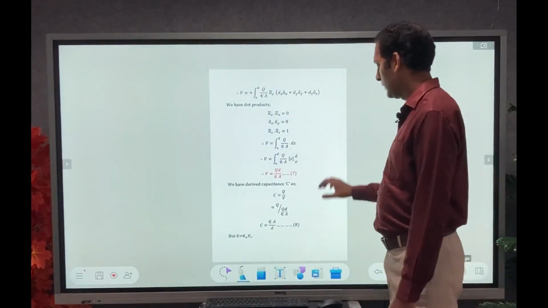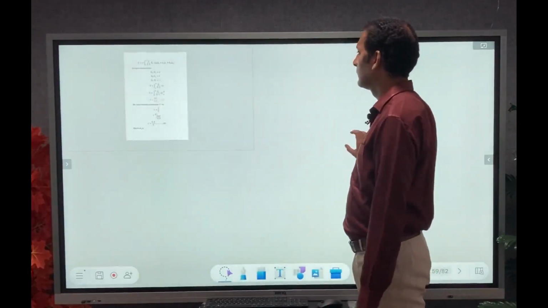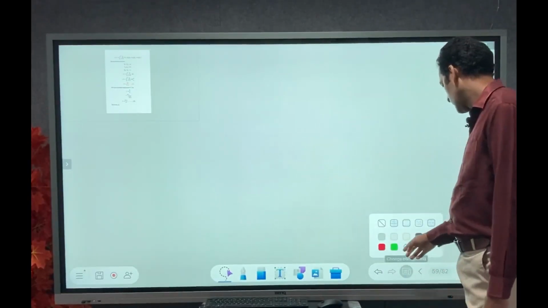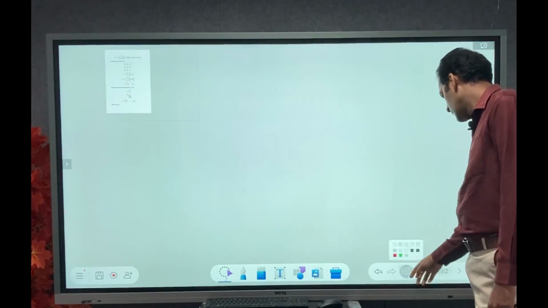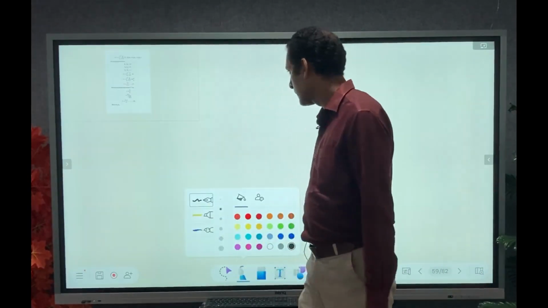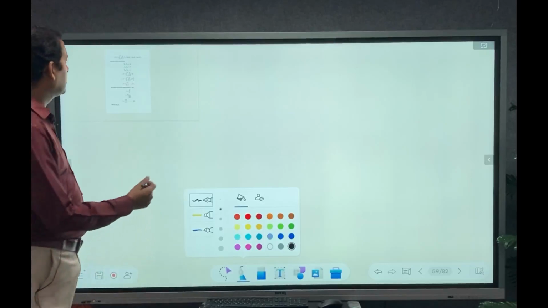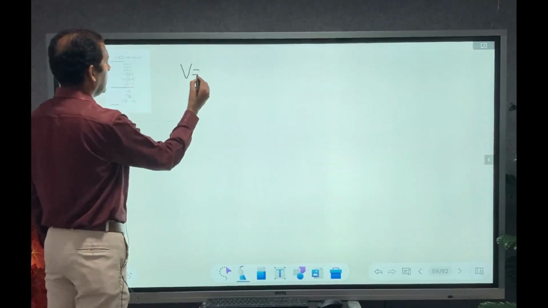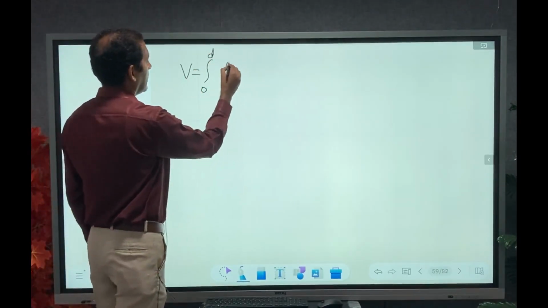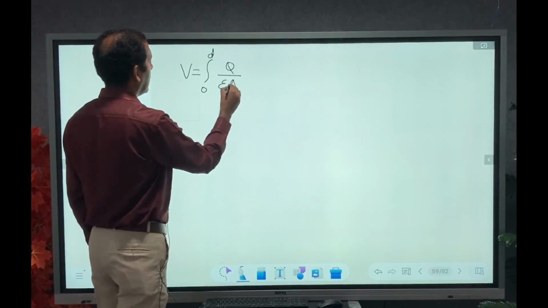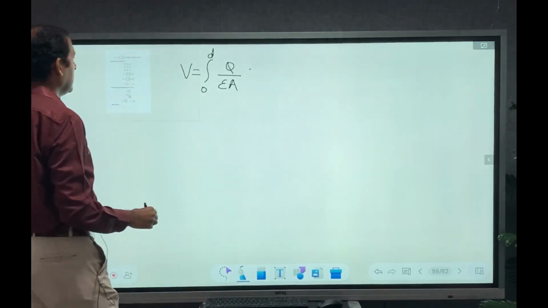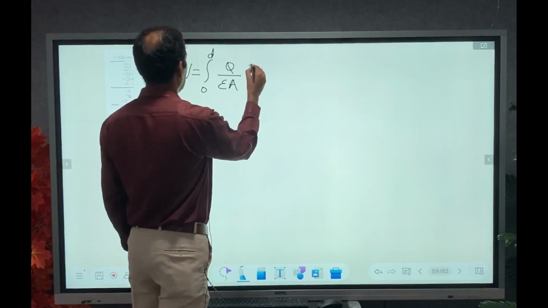So now we can put it in our expression. We will write the new expression for V. So V is equal to the line integral from 0 to D of E, which is Q by epsilon A. If we consider the direction, we have the direction of az.